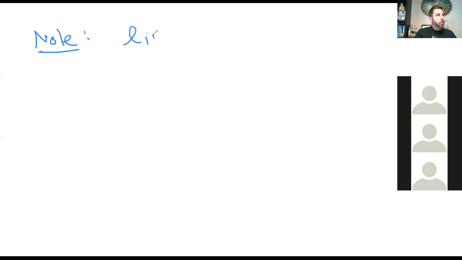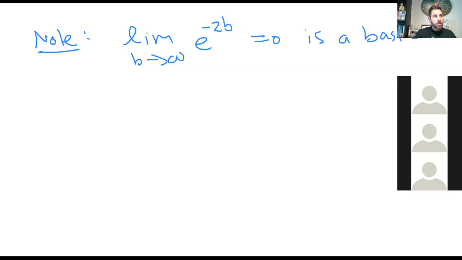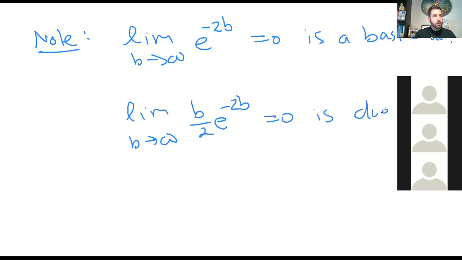So this limit, this is a basic fact. The fact that this guy goes to 0 is due to L'Hopital's rule.